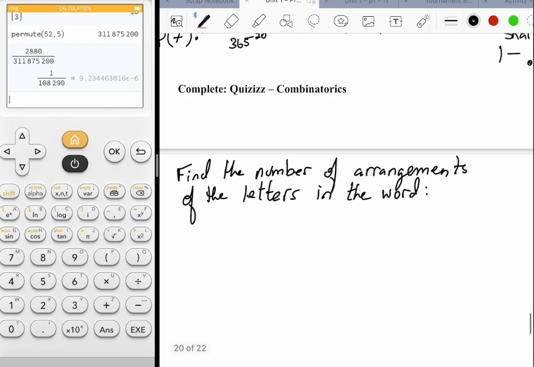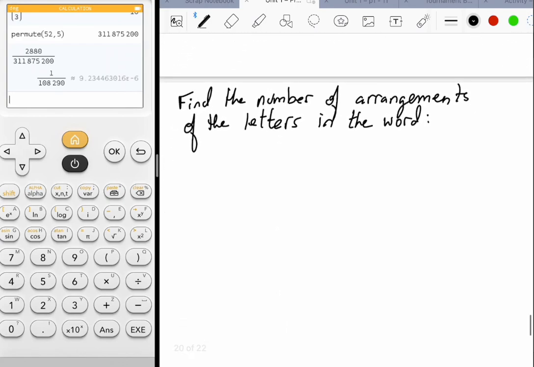I'm going to give two words. The first one, I'll say word. And the second one, I just want something with repeats in it.